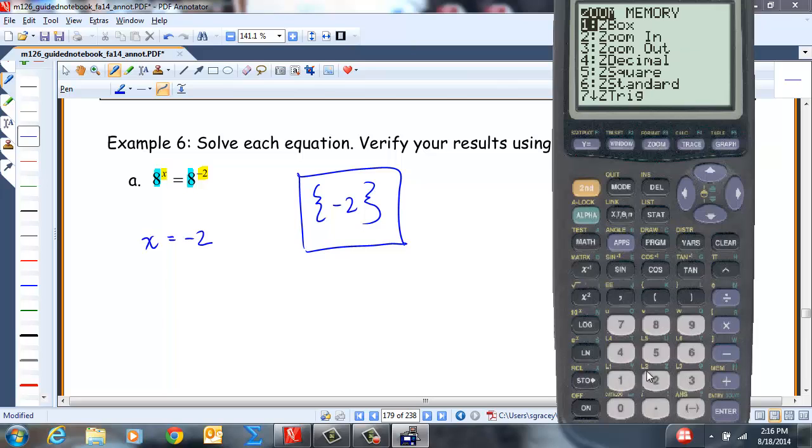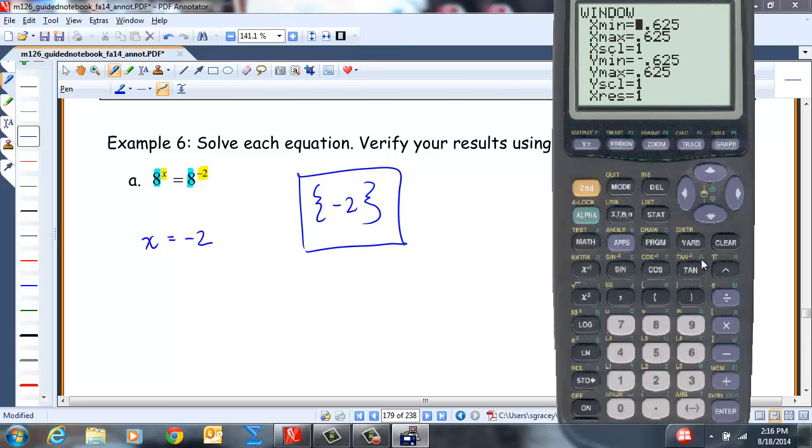So if we zoom in, it's still not quite right because we need to go to the left more.